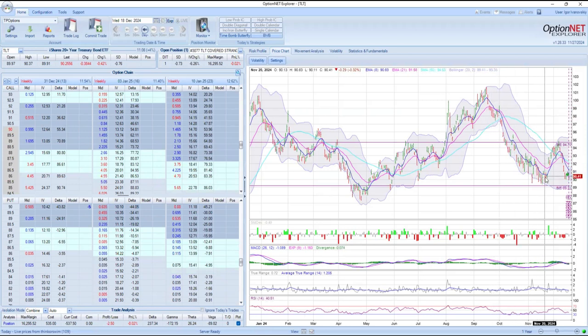TLT has sold off. And the reason for that is because the yield curve on the 20 plus treasuries has actually gone up. Now, I don't know if this is going to continue after today's rate cut, if the longer end of the yield curve is going to continue to rise.